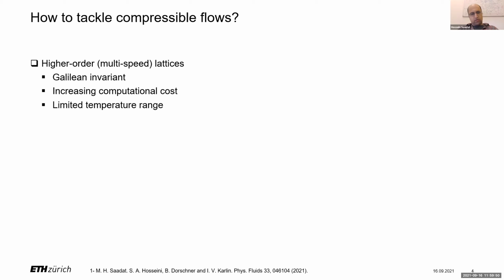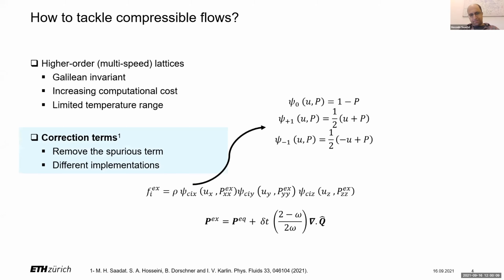This idea works well, and it guarantees the Galilean invariance of the model. But the price that we have to pay is that the computational cost increases, and also the temperature range of these higher order lattices is somewhat limited.